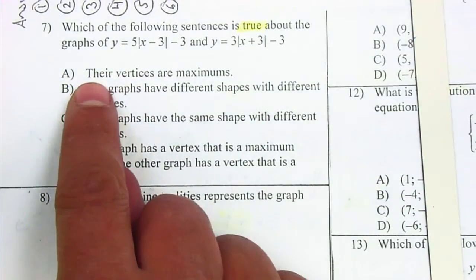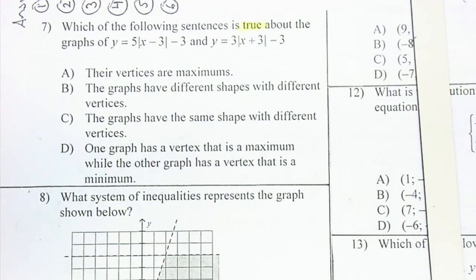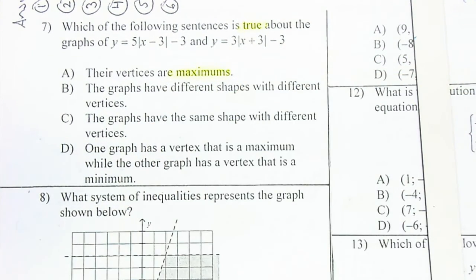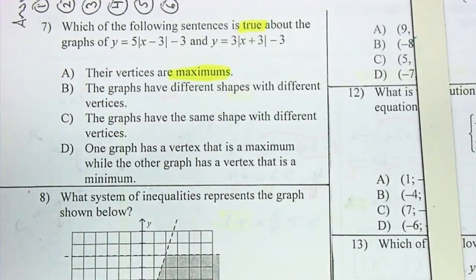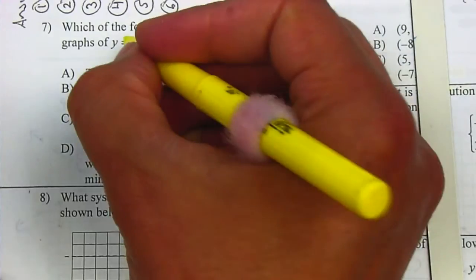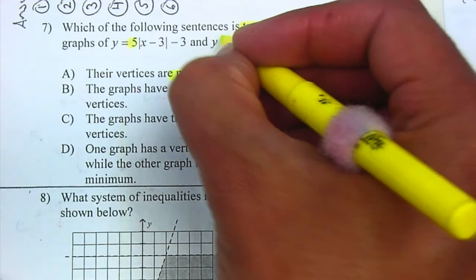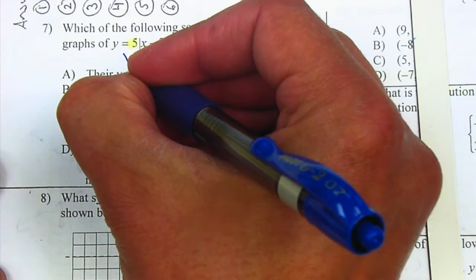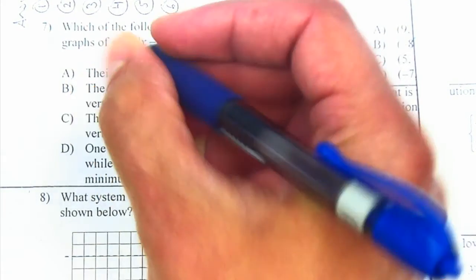First, it says the vertices are maximum. So both vertices are maximum. So you have to think, okay, how do I know if a graph has a vertex that's a maximum or a minimum? Correct. The a value, the slope in this case. The slope is positive, so that means that the absolute value is facing up.